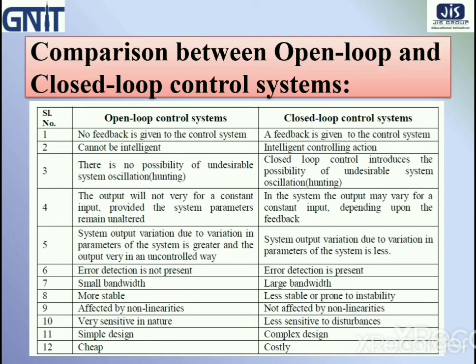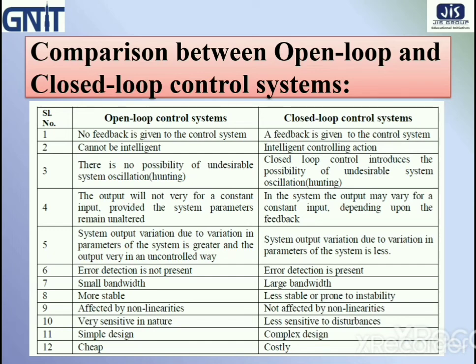In an open loop control system the output will not vary for a constant input, whereas in a closed loop control system the output may vary for a constant input due to the error signal, which is basically the difference between the desired and actual value.